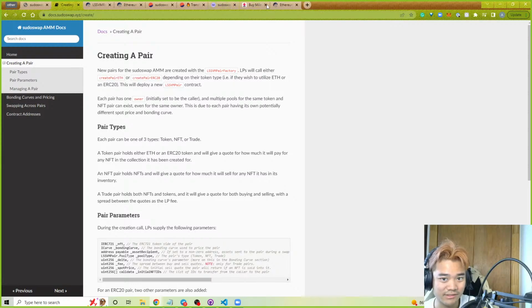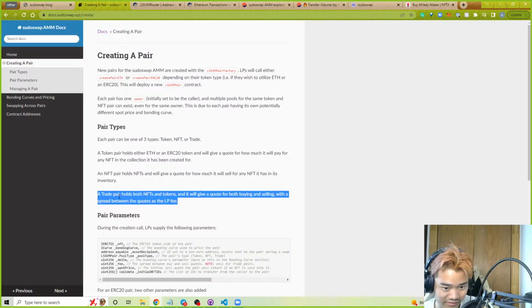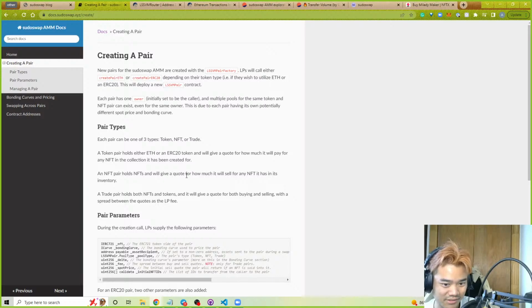Start closing some of these. Holds both NFTs and tokens. Will give a quote for buying and selling. An NFT pair holds NFTs and will quote for how much it will sell an NFT, versus a token pair.